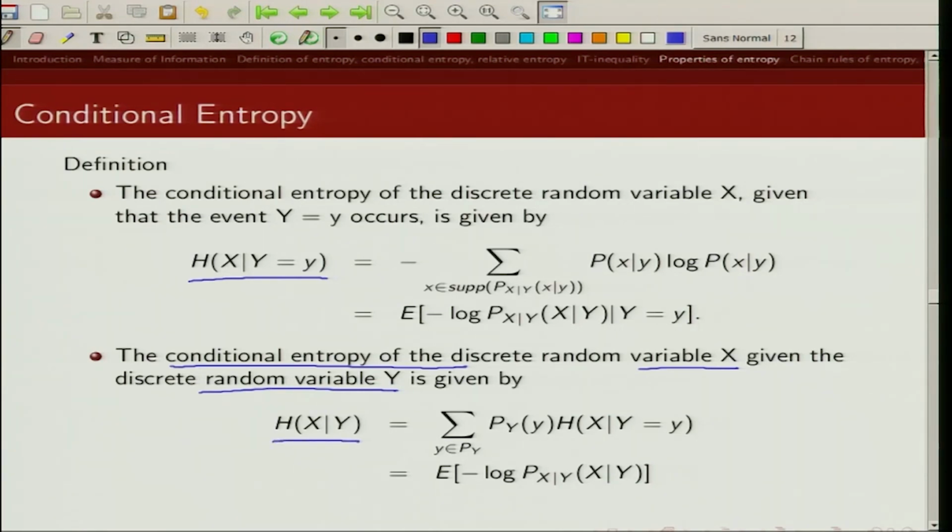The conditional entropy of x given y is the conditional entropy of x given a particular event y has occurred, multiplied by the probability of occurrence of that particular event, and we sum it over all y's. So this can be written as the expectation of minus log of the conditional distribution of x given y.